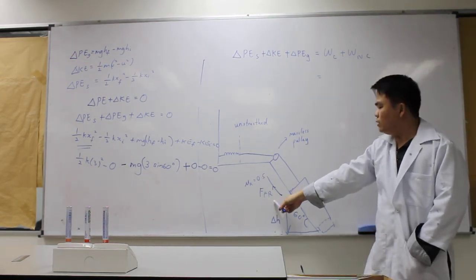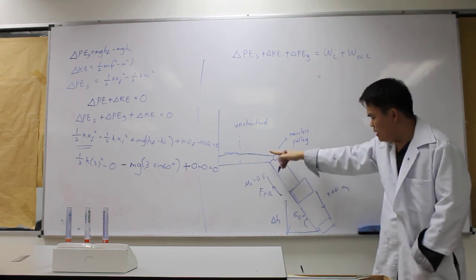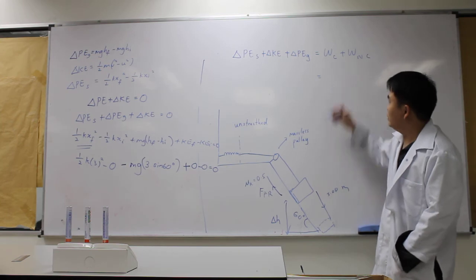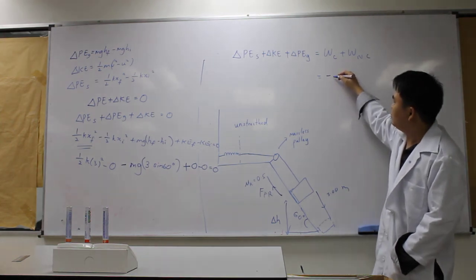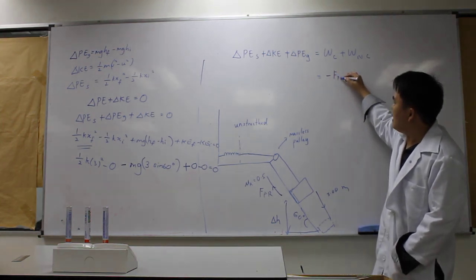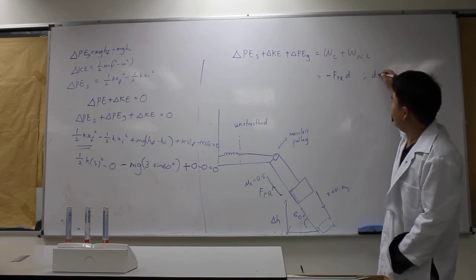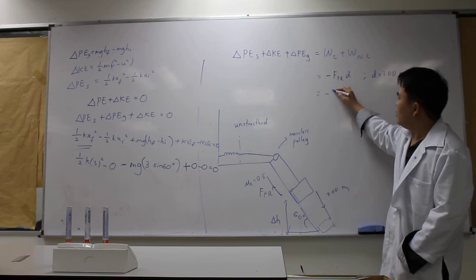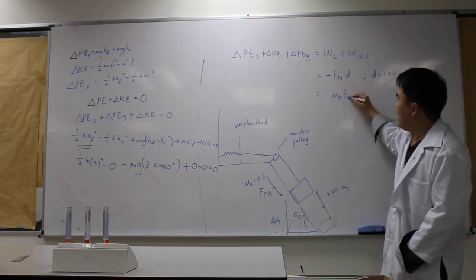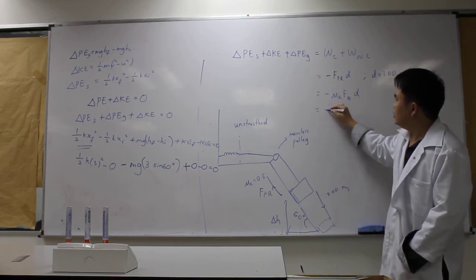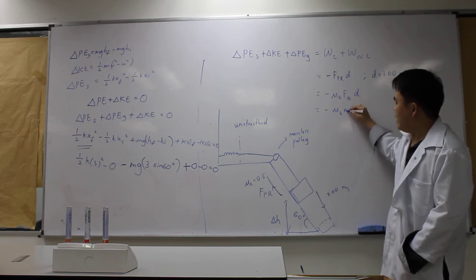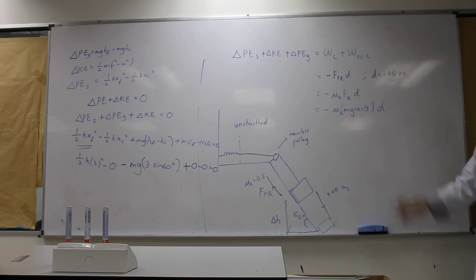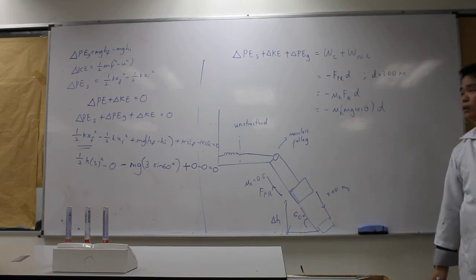Because it has an opposite direction from the displacement, I can put it as negative F_fr d, where d is 3 meters. So that is negative mu k F_N d, which is also negative mu k m g cos theta d. That is the method in order to get it.